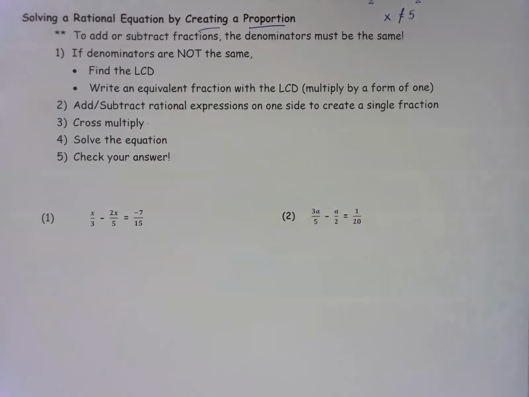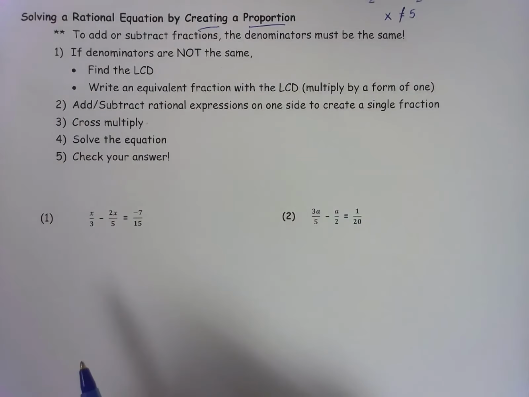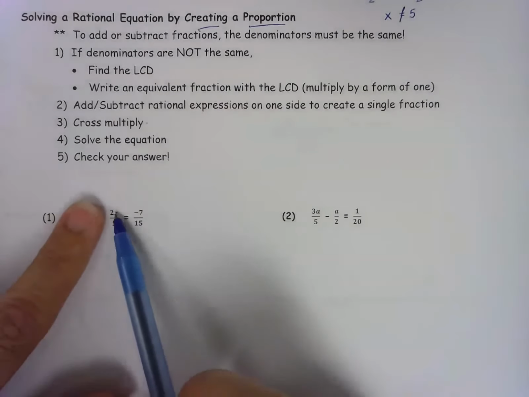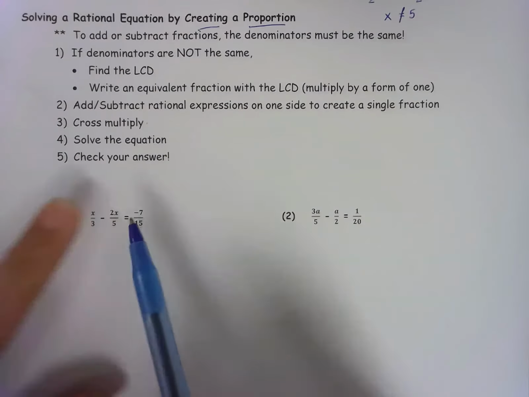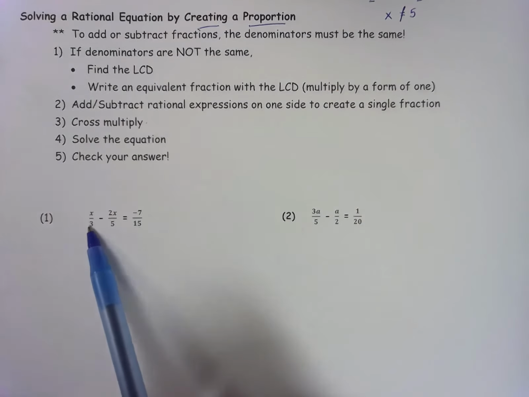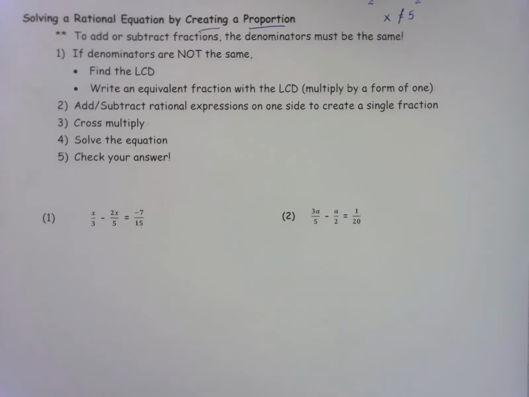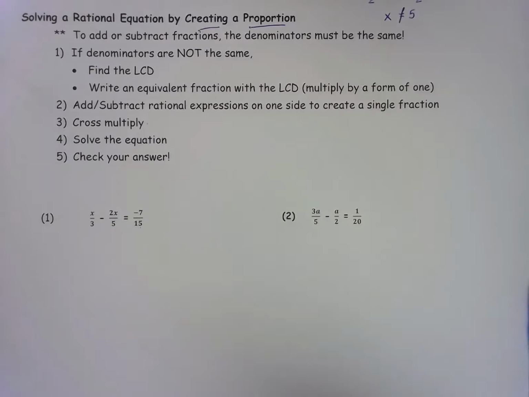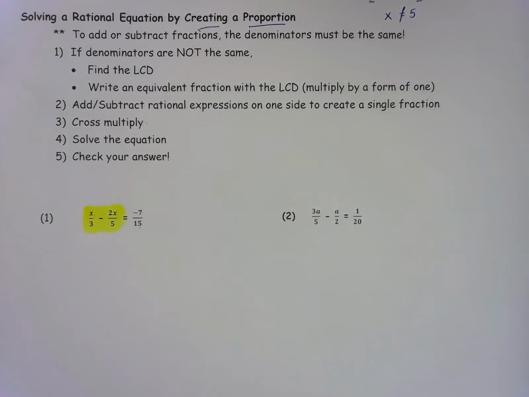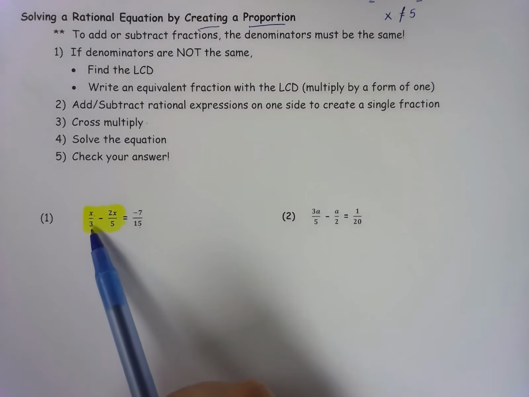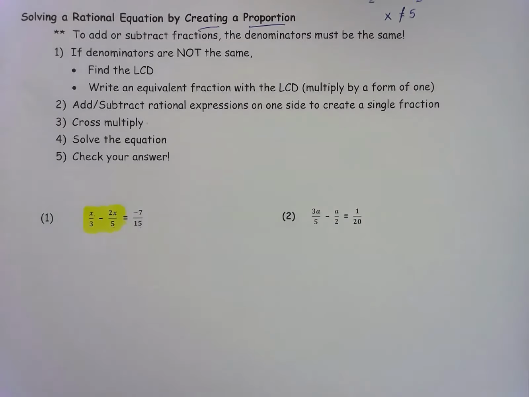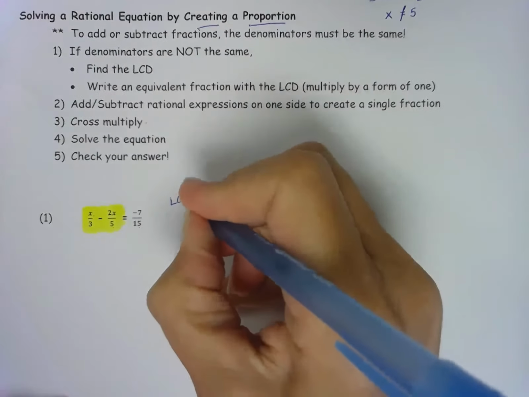So let's look at the first one. This is not a proportion, because even though I see a fraction equal to another fraction, I see a third fraction, and I also see another math symbol. So let me try to create a single fraction from the two fractions on this side. I can't combine them yet because they do not have the same denominator. So I look to see, what is my LCD?